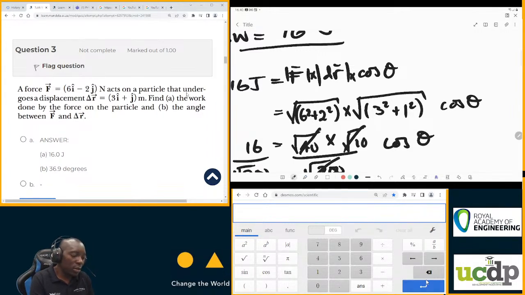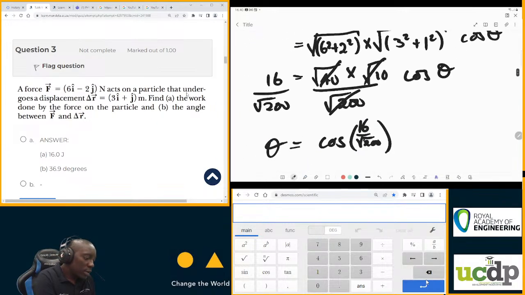I think that should be root 450. All right, this should work. So not 200 but 400 here, and still we cancel that, but we have a 400 there.